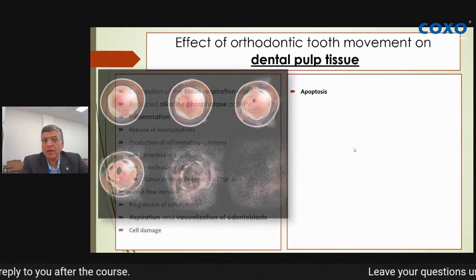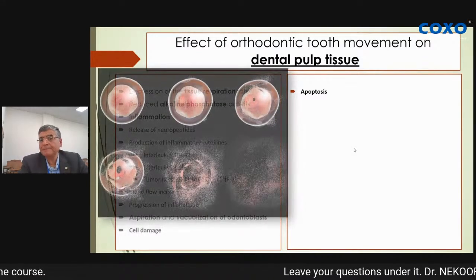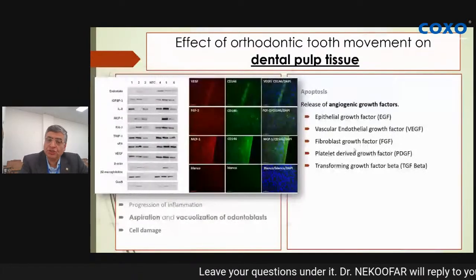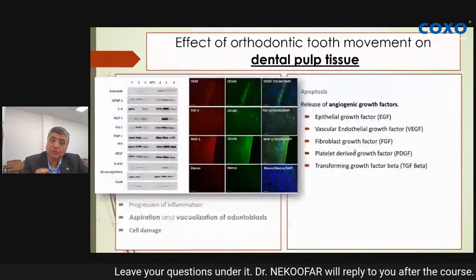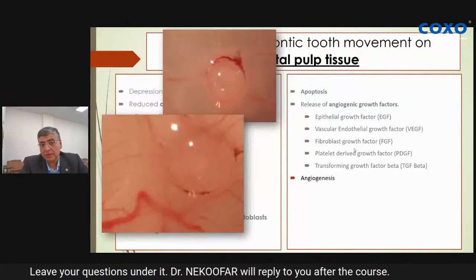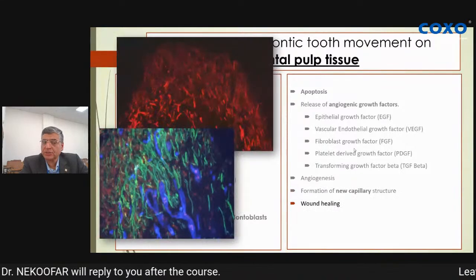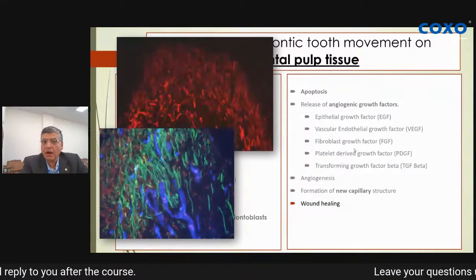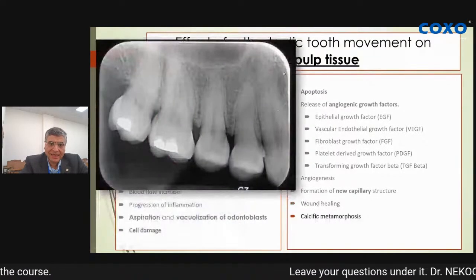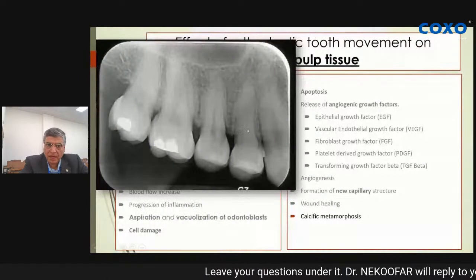Cell damage ends up with apoptosis. Then we have all the angiogenic growth factors when we apply force on the dental pulp, angiogenesis, formation of new capillary structure, wound healing. Unfortunately, you may see calcific metamorphosis like that.